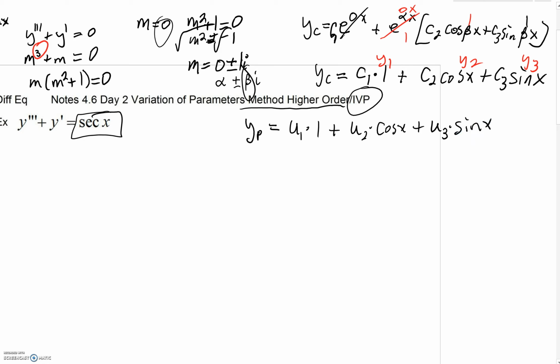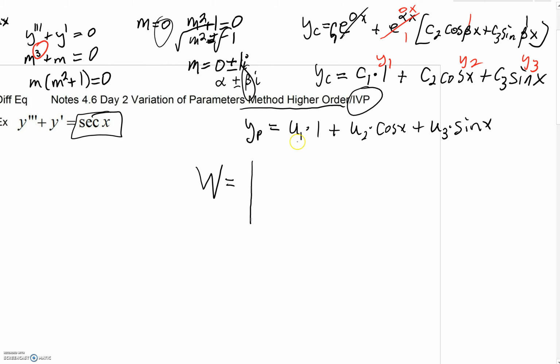And at this point, the way we go ahead and find u1, u2, and u3 is working out the Wronskian and making another adjustment too. We're going to review that in just a minute. The last time we did a 2x2 determinant.